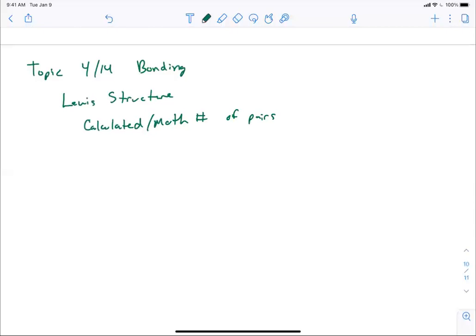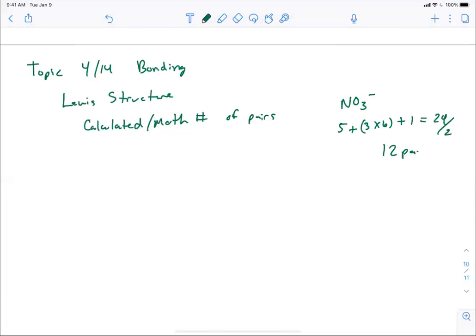So for example, let's say you had NO3 minus. That's a kind of a strange molecule that isn't necessarily obvious here. Well, N has 5, oxygen has 6, and there's 3 of them, and -1 is +1 electron. So that's 24.